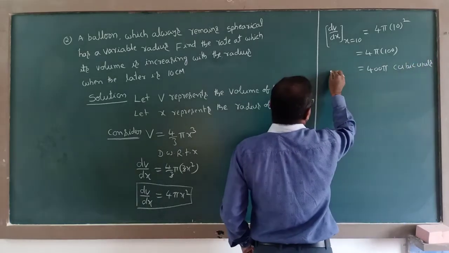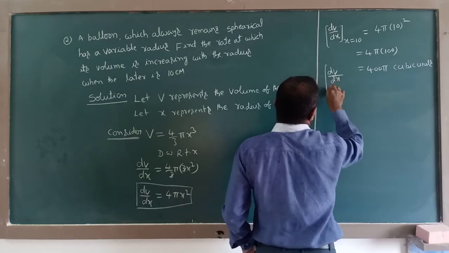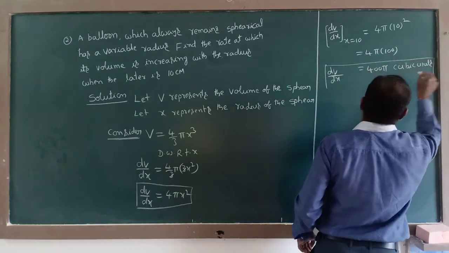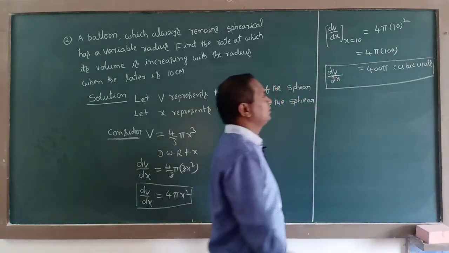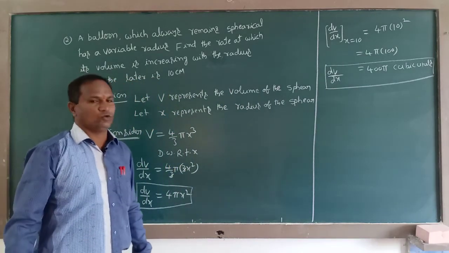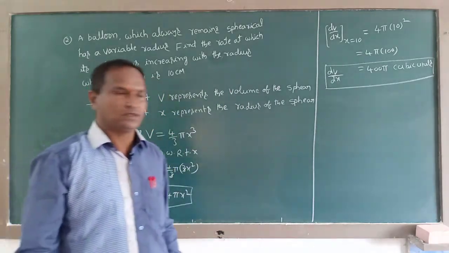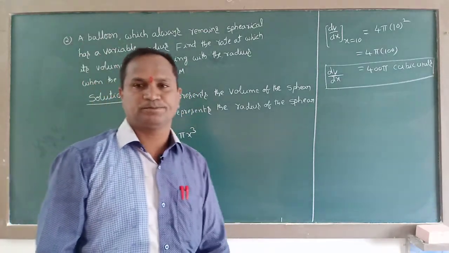This is dV by dx. Because it is a volume, we must measure it in cubic units only. The unit of measurement is cubic units for this question. Like that we are giving the solution for this question.